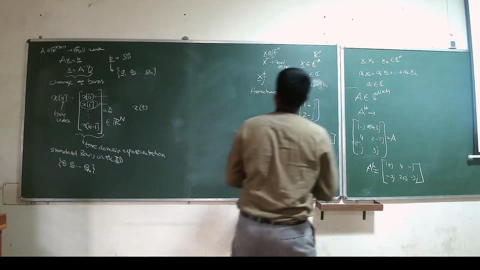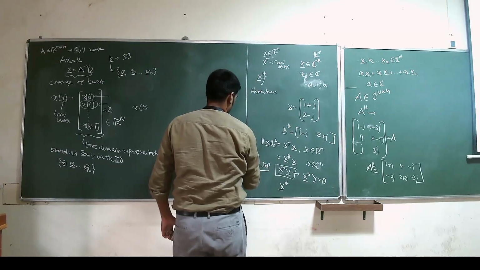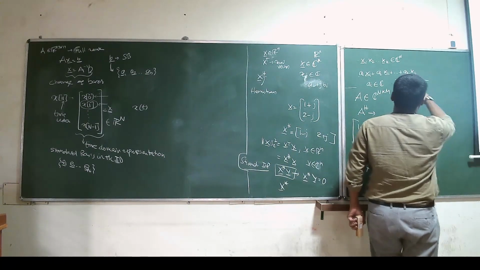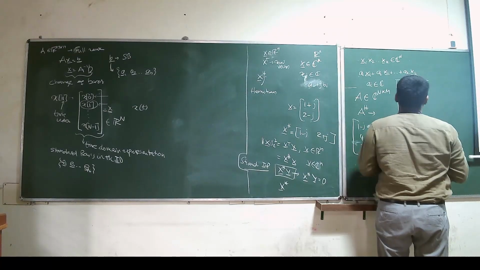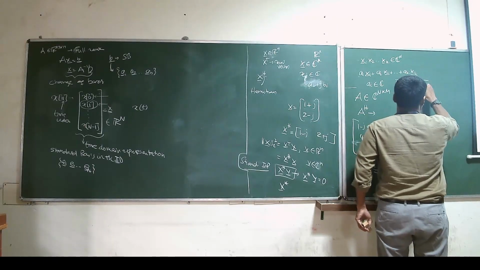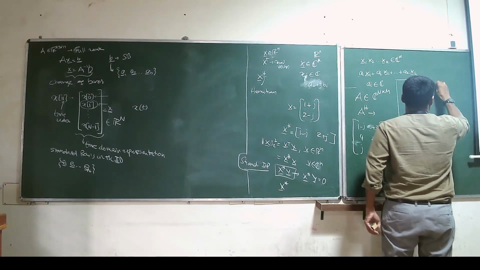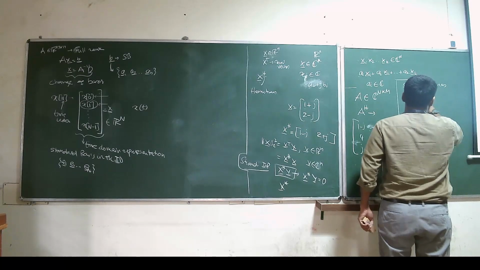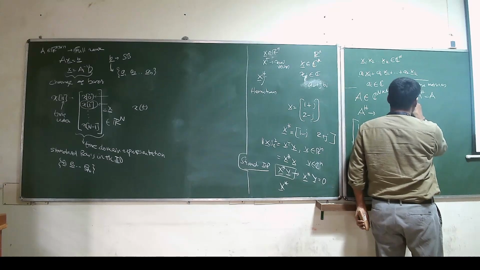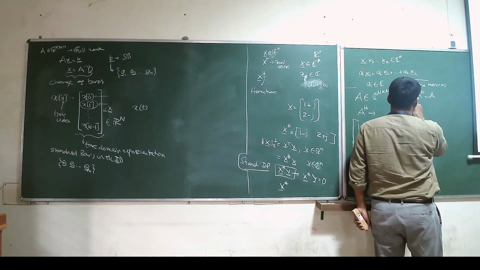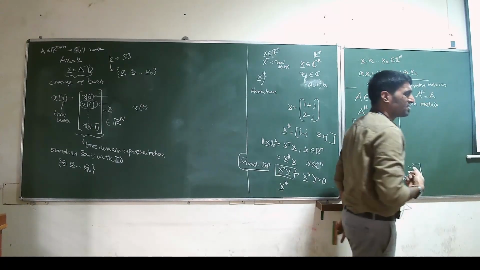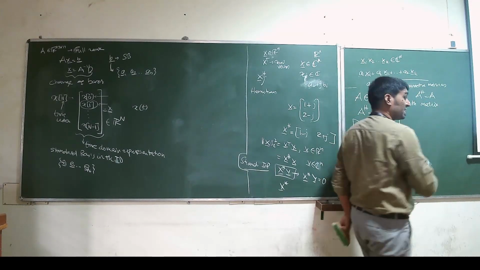And then the last thing I want to say, or maybe I'll write here, orthogonal matrices. In R n cross n, we talked about orthogonal matrices, right? What were those? Do you remember what is an orthogonal matrix?